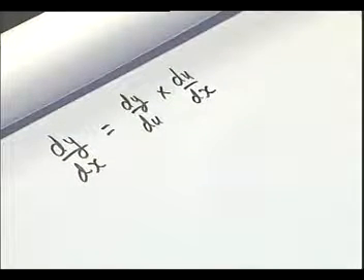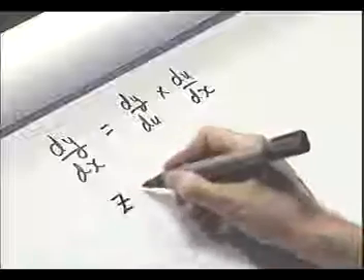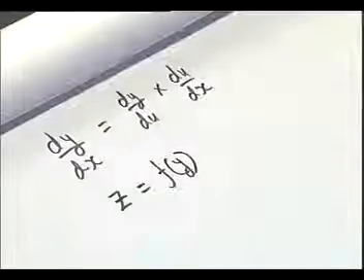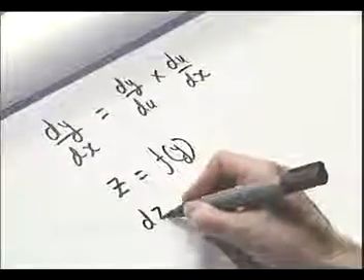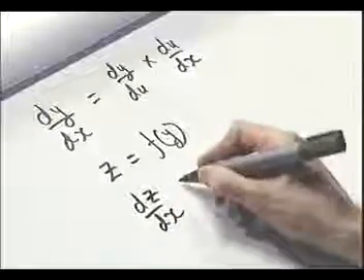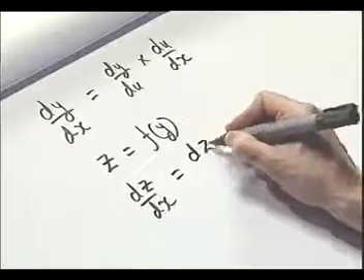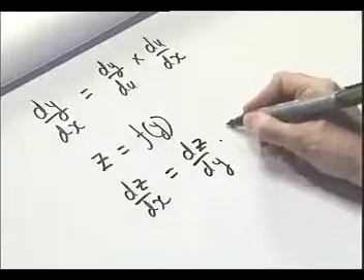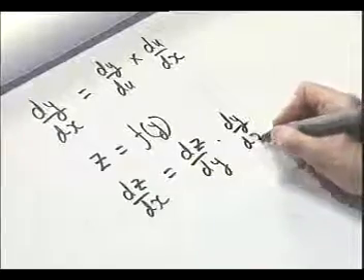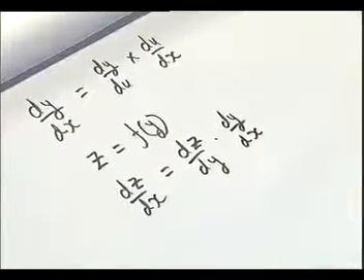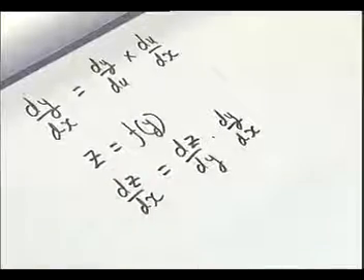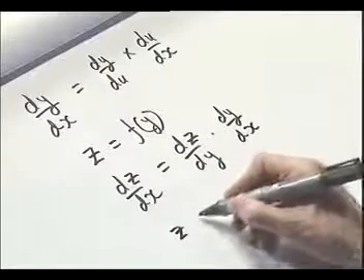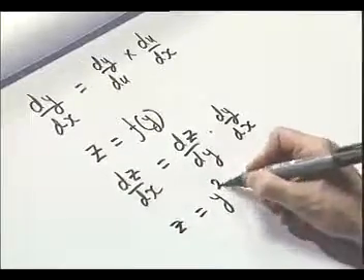Now, let's suppose that we had z, and z was a function of y. Then dz by dx would be equal to dz by dy times dy by dx, using our chain rule again. Let's take an example. Let's say that z is equal to y squared.